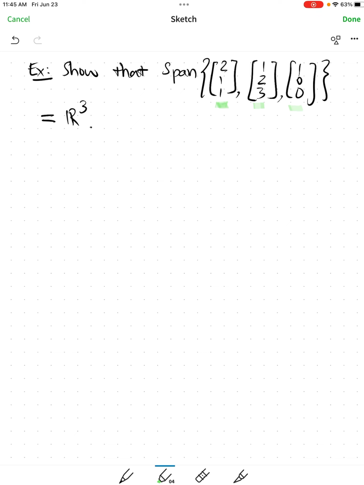What we're trying to show is that every vector in R3 is a linear combination of these three vectors. So let's just write that down.